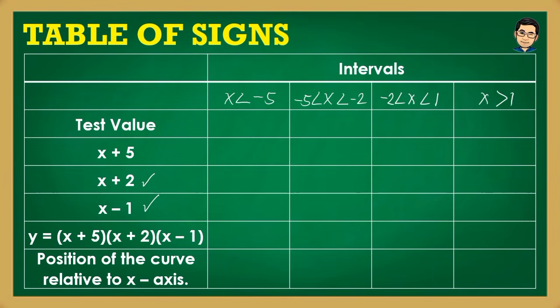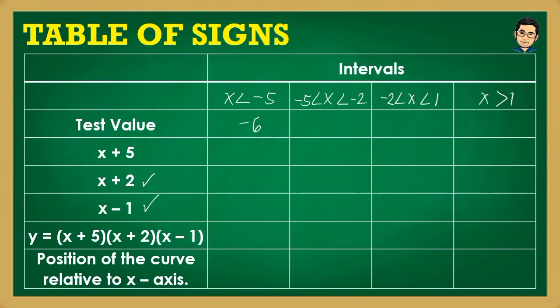And then, may mga test value tayo na gagamitin base po dun sa mga intervals. So, like for example, x is less than negative 5. So, ano yung mga values na less than negative 5? Negative 6, negative 7, negative 8, and so on, up to negative infinity. So, ang kukunin natin dito, syempre, yung susunod sa negative 5, which is negative 6.